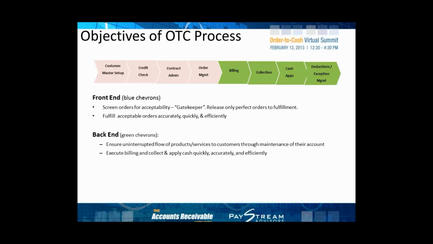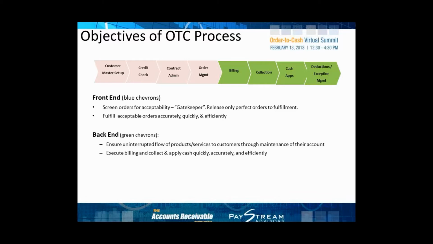As for the objectives, here I break it down into the front end and back end of this process. At its base level, the front end, contract admin, order management, credit check, is really a screen for getting acceptable orders. I call it the gatekeeper function.